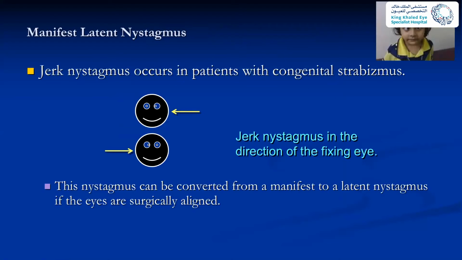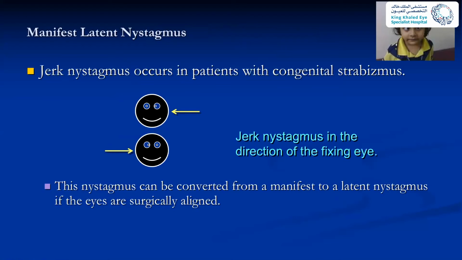Now, what is manifest latent nystagmus? It's a jerk nystagmus acquired in a patient with congenital strabismus, like the patient who has congenital nystagmus. He might have jerk nystagmus in the direction of the fixing eye.